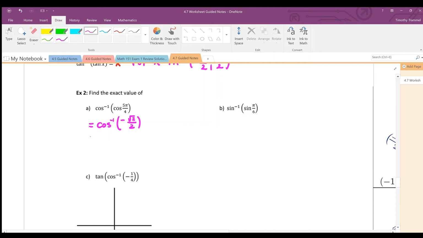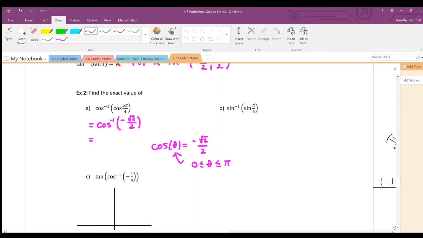So now what we want to do is find the angle theta such that cosine of theta is equal to minus the square root of 2 over 2. But remember, this theta here has to be between 0 and pi. Okay.